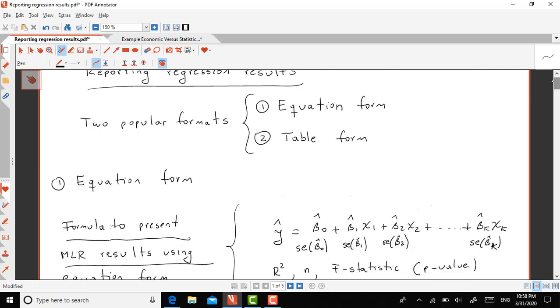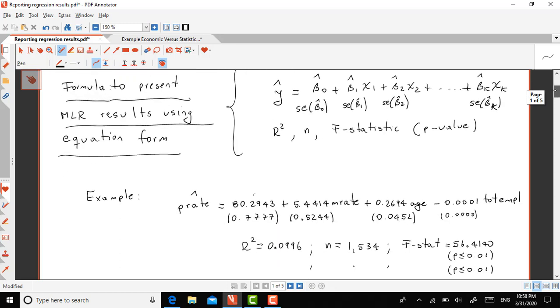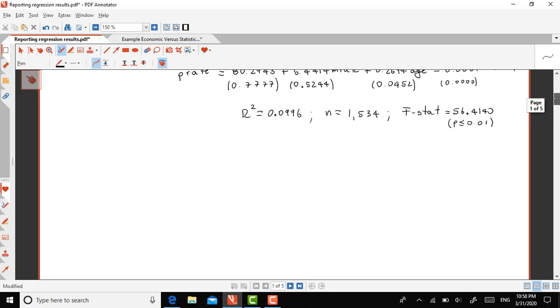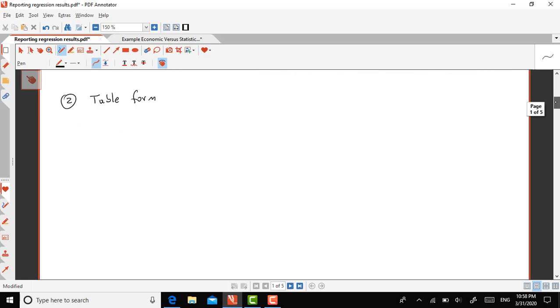Okay, so going back, remember, we're talking about two popular formats. First one is the equation form, which I already showed you, also presented an example. Now let's look at the table form to present regression results. And again, so this is kind of going to be the formula.